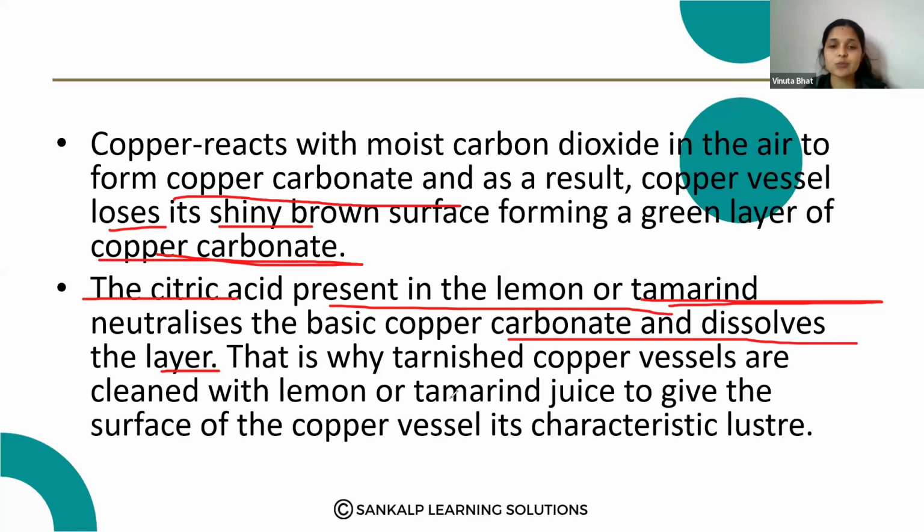So these acids, citric acid and tartaric acid, neutralize and dissolve this layer. That is why tarnished copper vessels are cleaned with lemon or tamarind juice, to give the surface of copper vessels its characteristic luster, the shiny nature of the metal. So that is the reason.